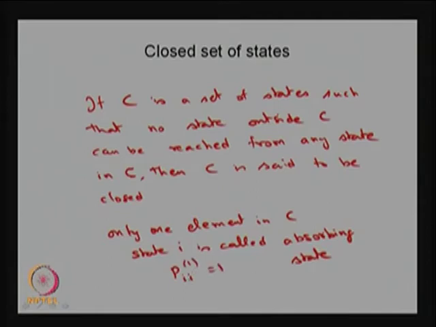That means, if you see the one step transition probability matrix, the diagonal element of that corresponding row is going to be 1. That means the system starting from state i moves in one step into the same state i with probability 1. If this probability is 1, then we say that state is an absorbing state. In the other way around, we can define the absorbing state via a closed communicating class with only one element also. So, there are two ways we can define the absorbing state.